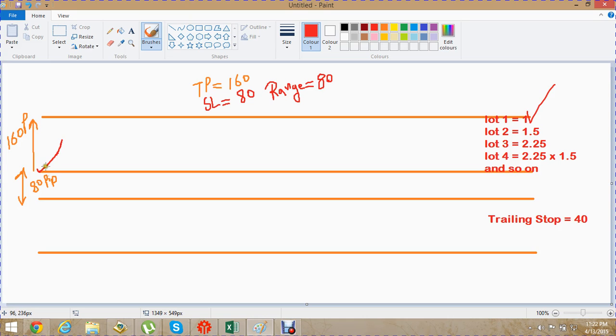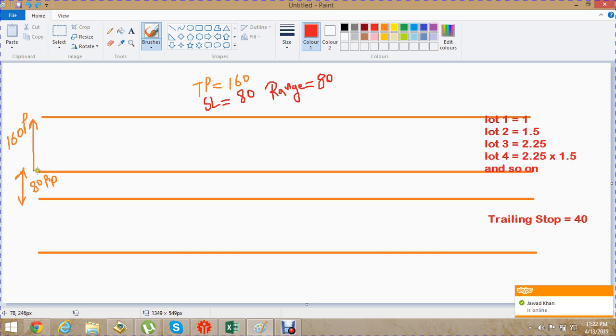That is what the trailing stop basically does. If the market goes and hits the take profit value, then you get 160 pips. If the market comes down and hits your trailing stop, in that case also you win some profits. But this was the best case scenario, where your very first trade goes in profit and you make some profits.